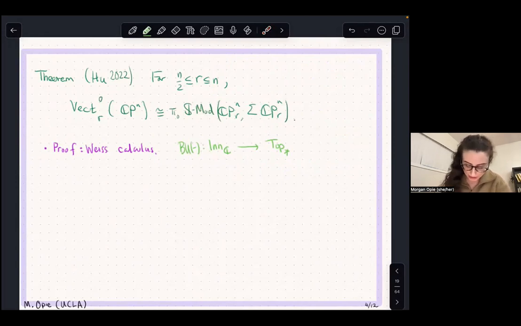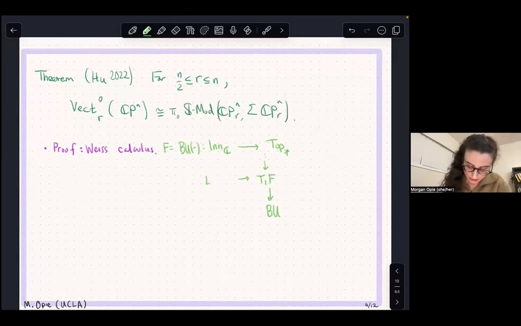What Weiss calculus gives you is a tower where you start with BU, that's the constant functor, and that's the constant approximation. And then T1, let's call this F for notational purposes. You have this tower like this. And the fact is that when you take the limit of this tower, you're going to get the functor BU back. So this is a tower of functors with nice properties.